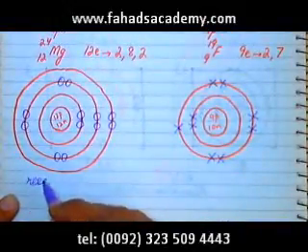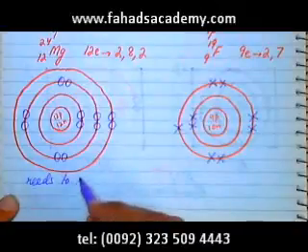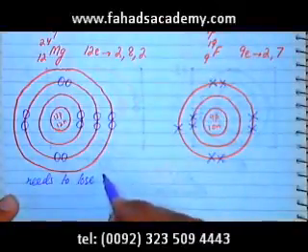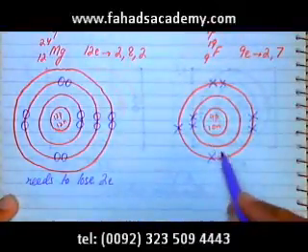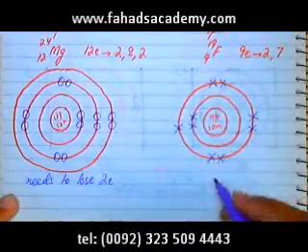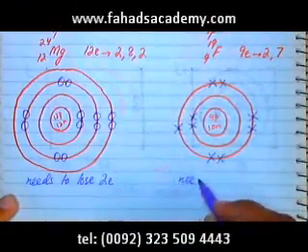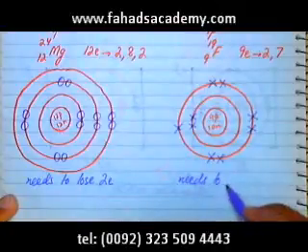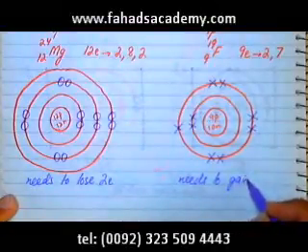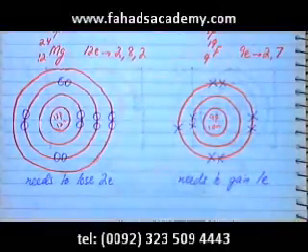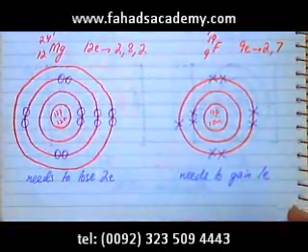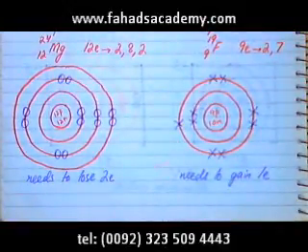Magnesium needs to lose 2 electrons, but fluorine has 7 electrons in its outer shell. To complete its outer shell, it needs to gain 1 electron. Now there's a slight difference from the previous examples.